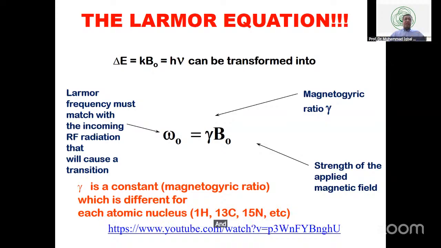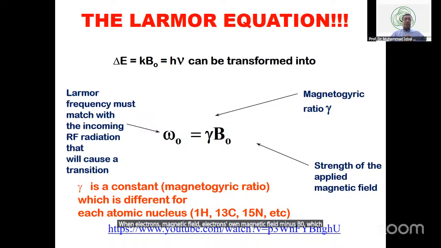This shielding or deshielding by the electrons affects the applied magnetic field for each individual proton, because B naught is the same for all hydrogens, but B effective is the result of the electrons' own magnetic field minus B naught.